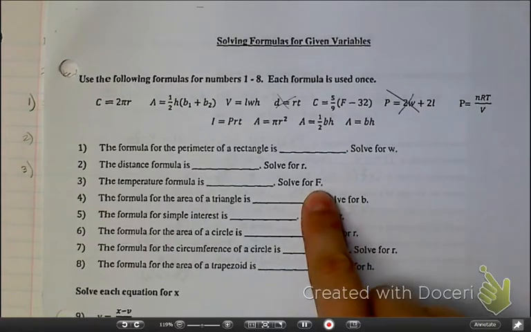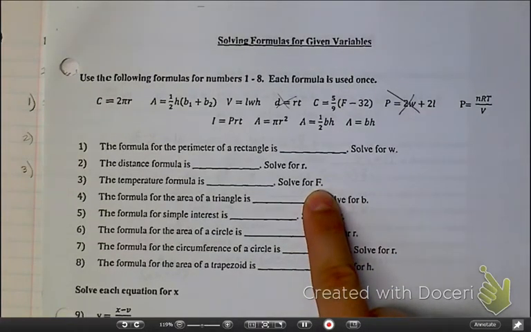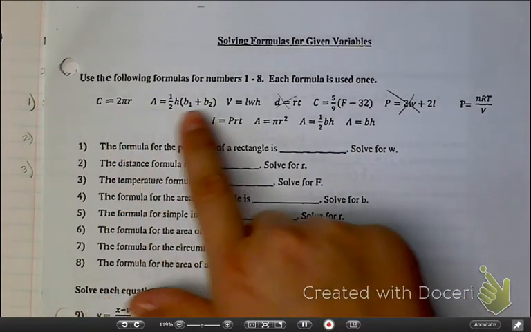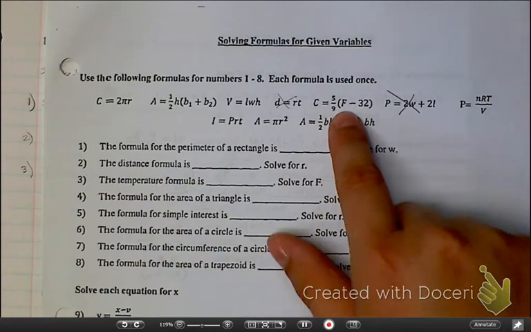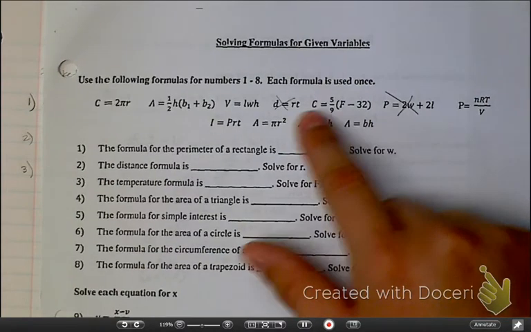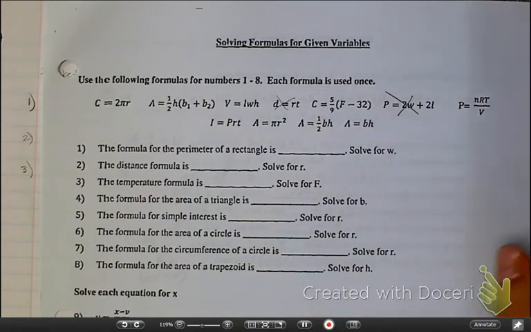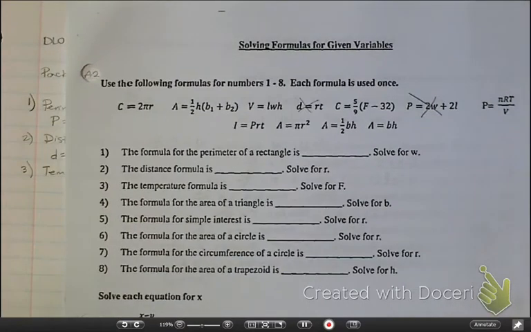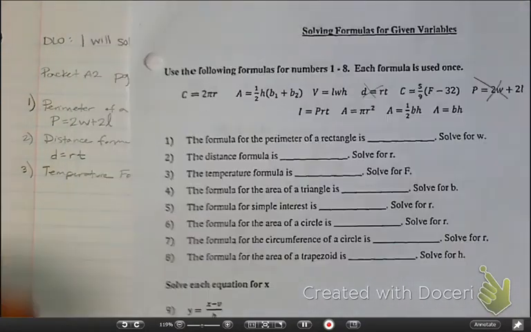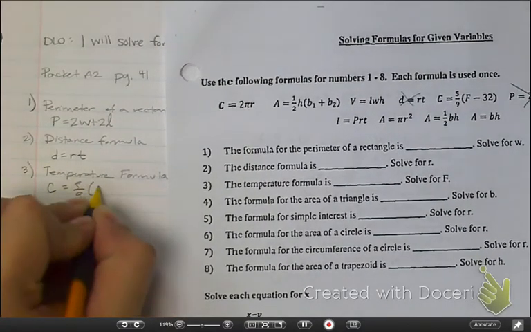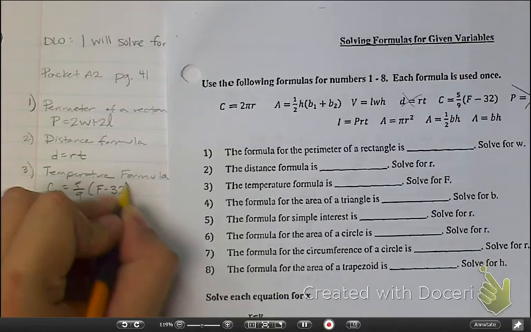It says solve for F, so which one of these up here has an F in it? Oh, here's one, and it's the only one up here that has an F. So I wonder what the C and the F stand for. If I think about temperature, I know that we take temperature in Fahrenheit, but in the rest of the world they take temperature in Celsius. So that must be what the F and the C stand for. So C equals 5/9 times F minus 32.